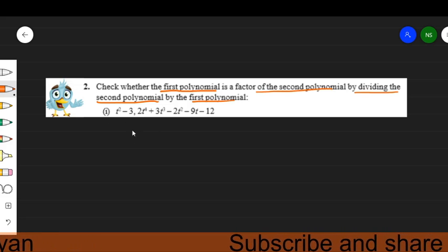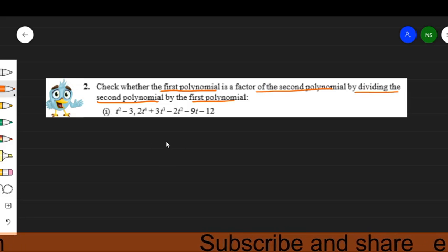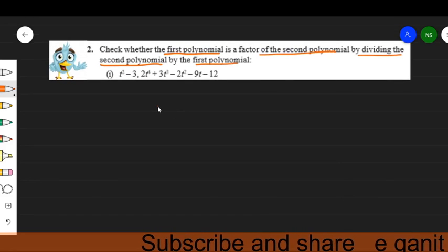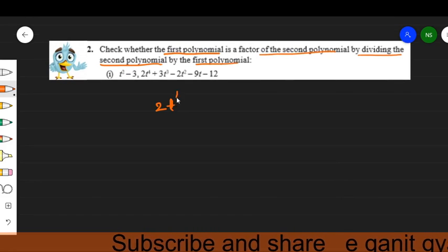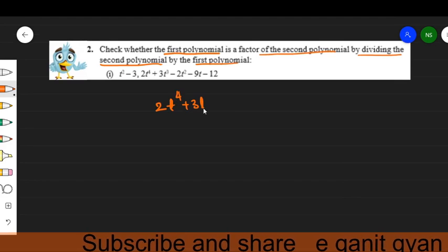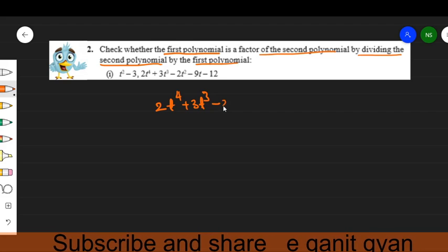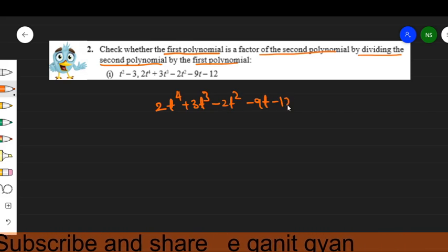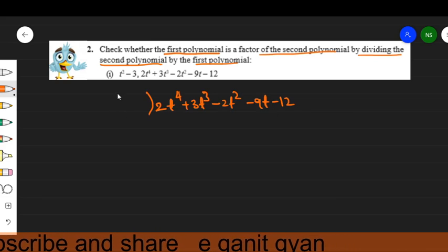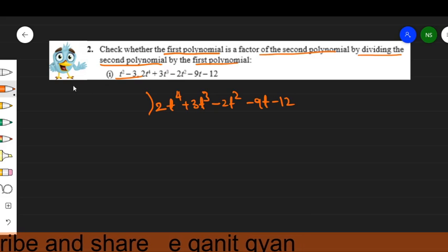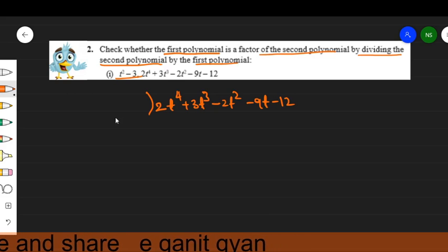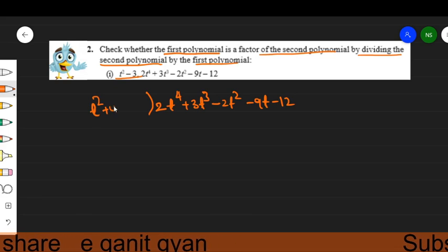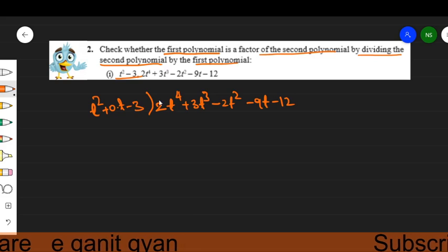If I divide 2t power 4 plus 3t cube minus 2t square minus 9t minus 12 with t square minus 3, first I need to arrange it in a proper manner: t square plus 0t minus 3.